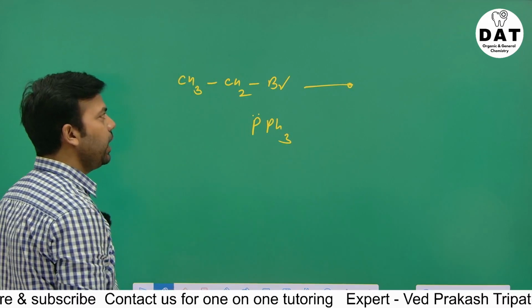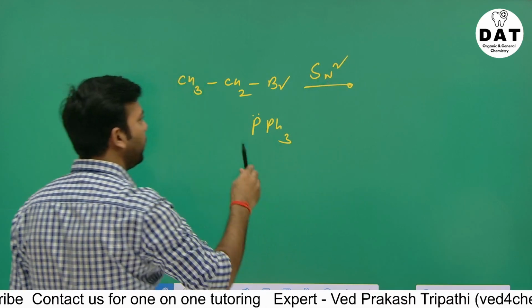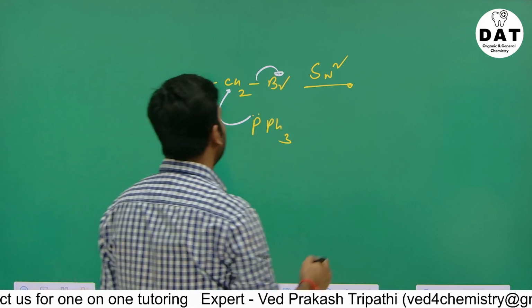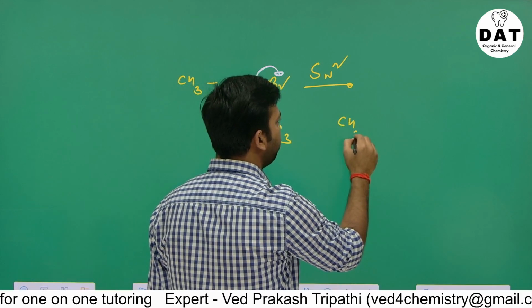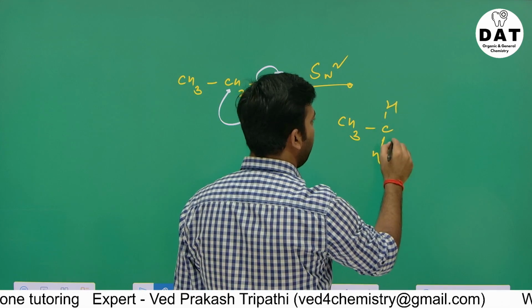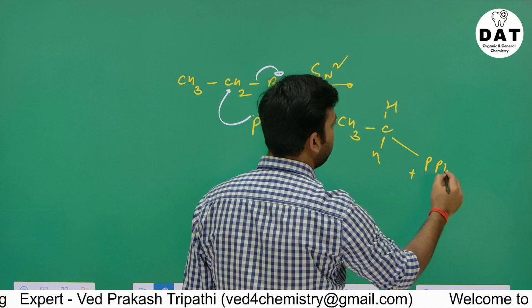So the reaction type is SN2. What is SN2? SN2 means the nucleophile attacks on this carbon and bromine leaves. So as a result of it, we have CH3CH2 and here P plus Ph3, clear, like this.